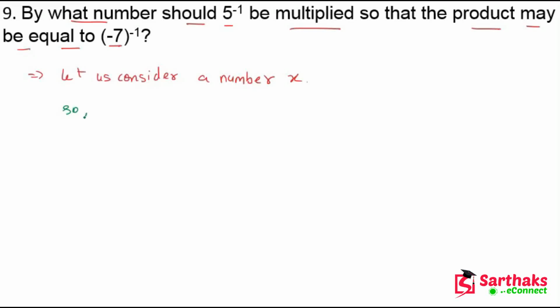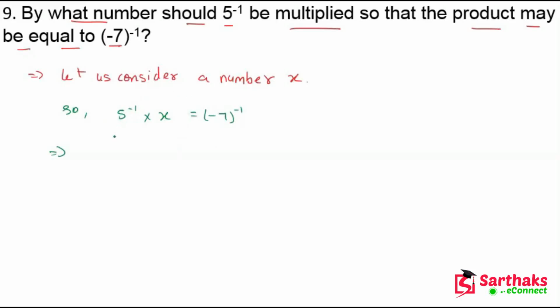So here is 5 raised to power minus 1 into x. It is saying that 5 raised to power minus 1 should be multiplied by some number, so the result will be minus 7 raised to power minus 1.